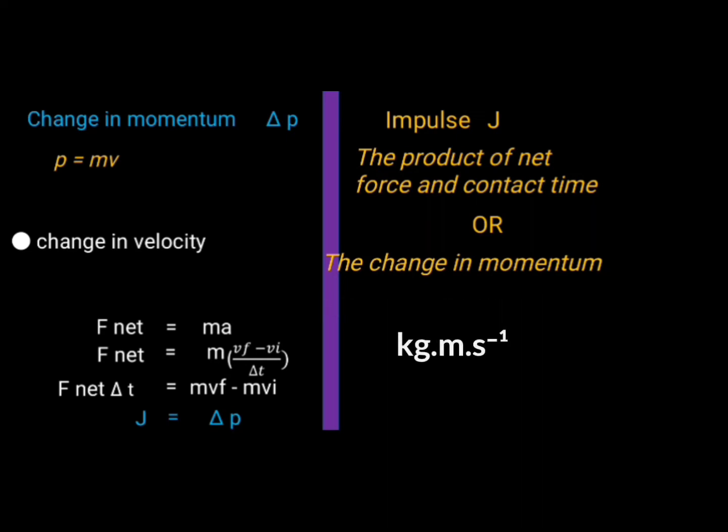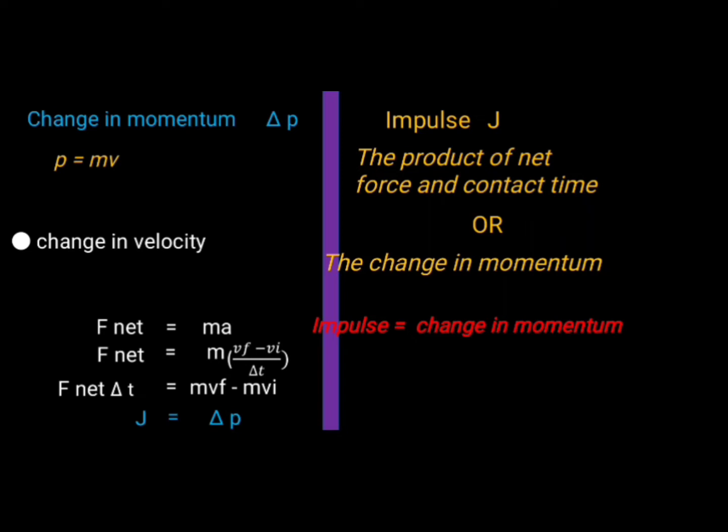The other, the kilograms meters per second. Impulse is a vector quantity and it has a direction too. For calculation purposes, impulse is equal to change in momentum. This can also be referred to as the impulse momentum theorem.